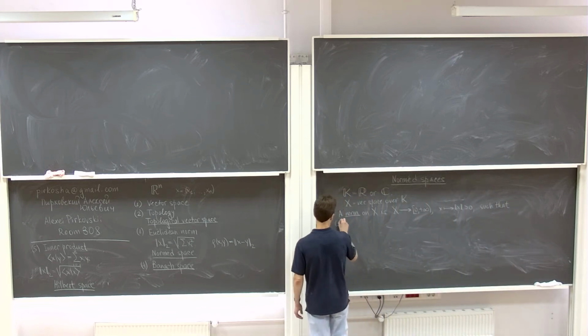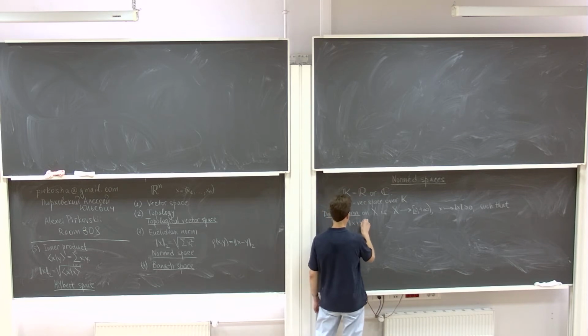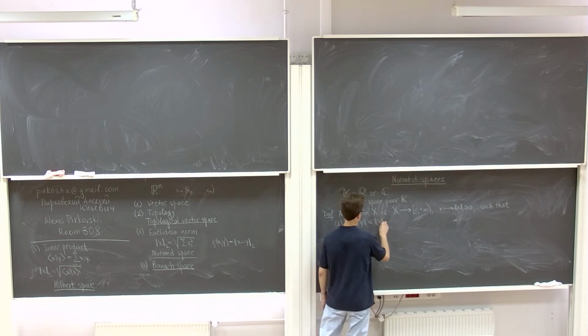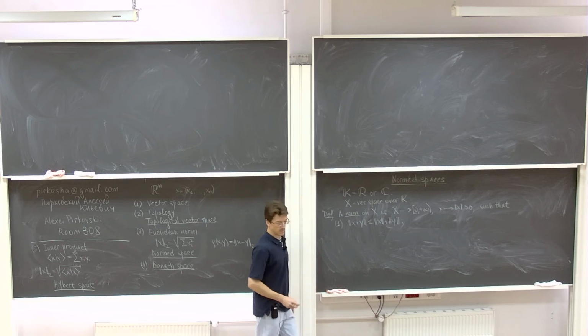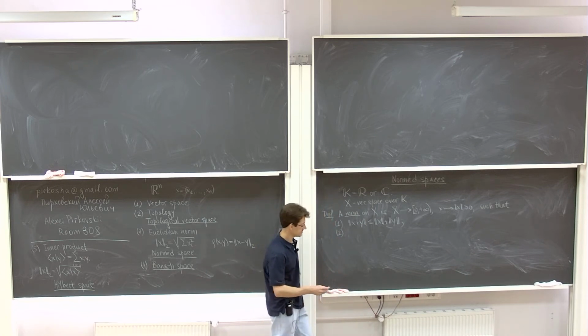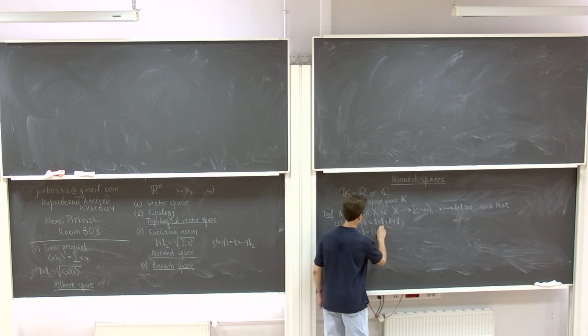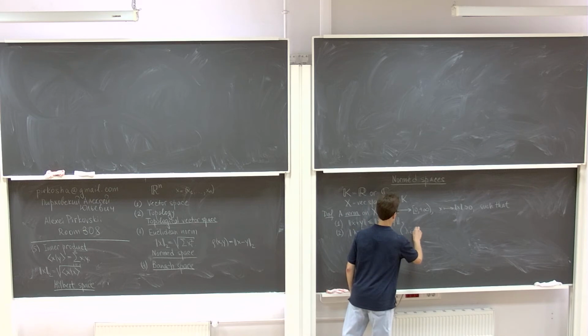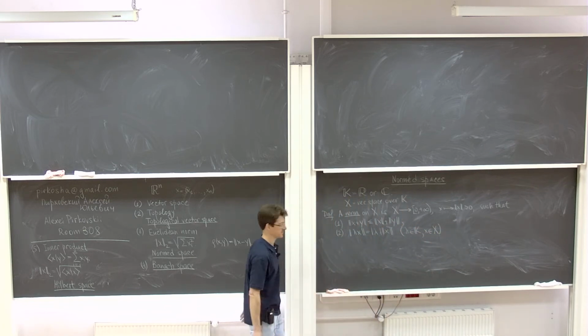First of all, we have the triangle inequality expressed by the following formula. Second, our norm is homogeneous in a suitable sense. More exactly, the following identity holds for each lambda and each x in our space, for each number lambda and for each vector x.